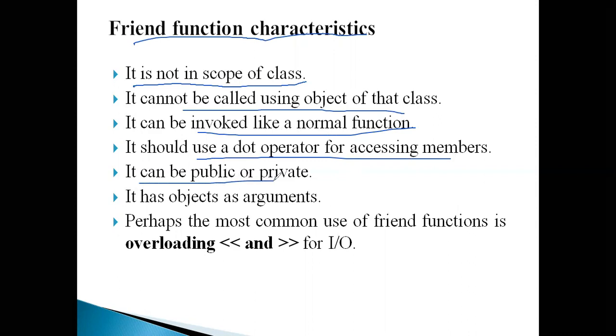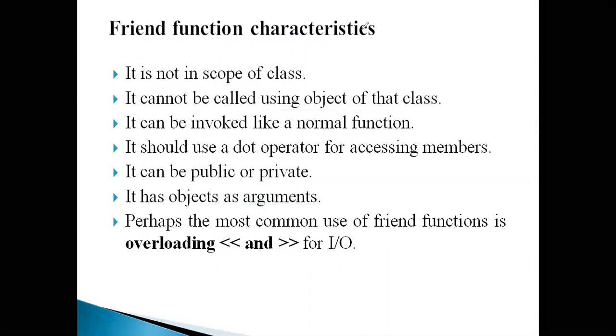It can be public or private, irrespective. When we are accessing the data, then definitely we have to use the dot operator. And then, friend functions will take objects as arguments. The most common use of friend functions is overloading the insertion and extraction operators. So these are the characteristics of friend functions.